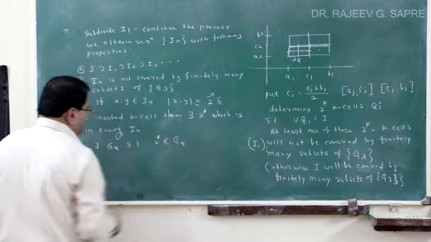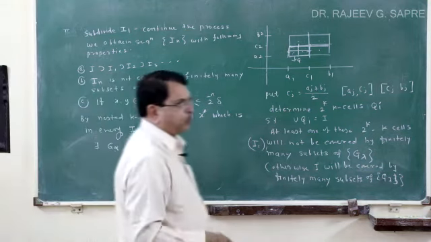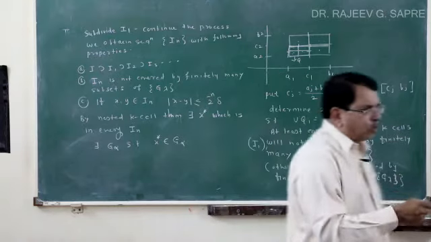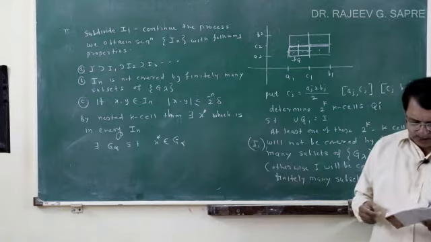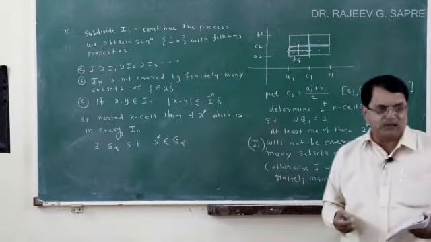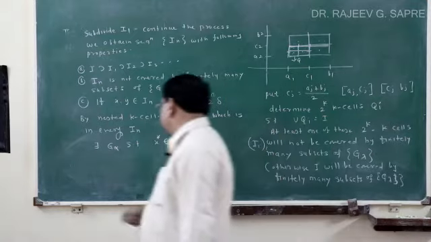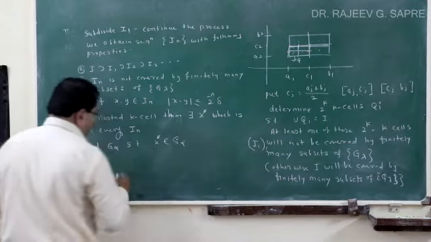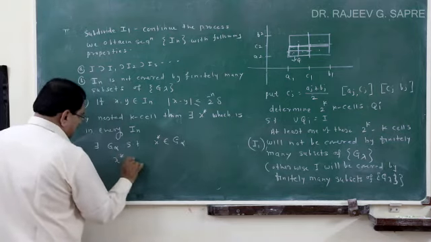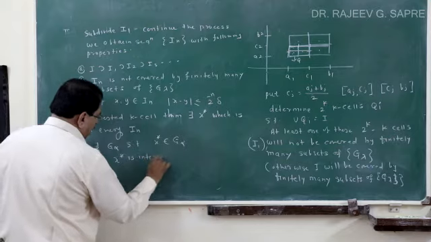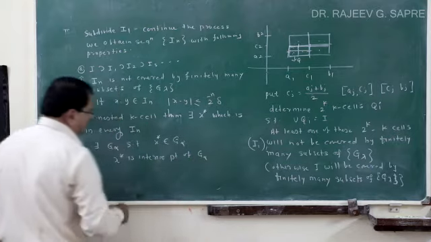But what is G alpha? It is an open set, and you know the property of open sets from metric topology, that whenever any element belongs to an open set, it is an interior point of that set. So X star is an interior point of G alpha.